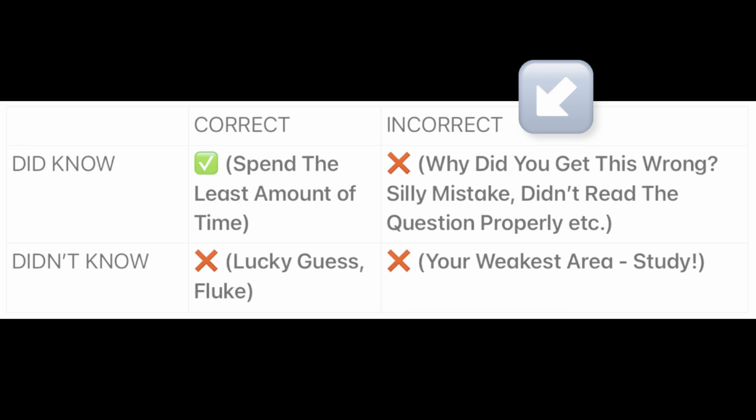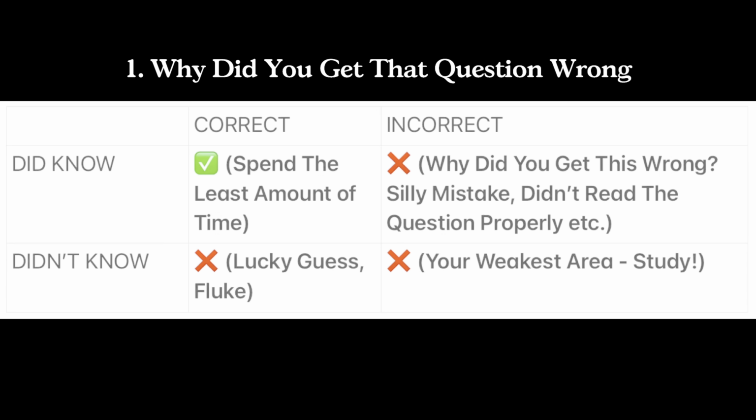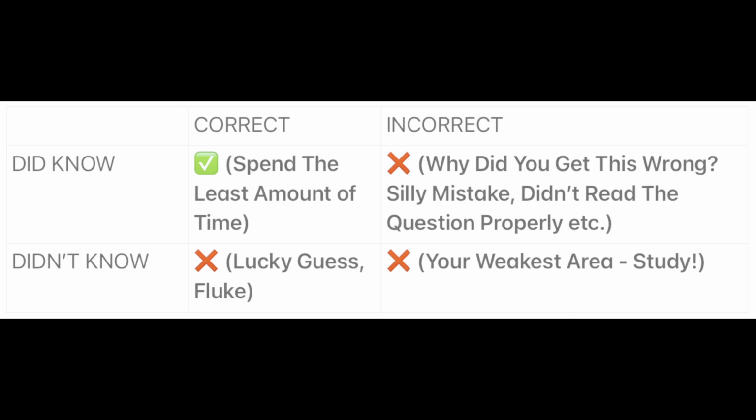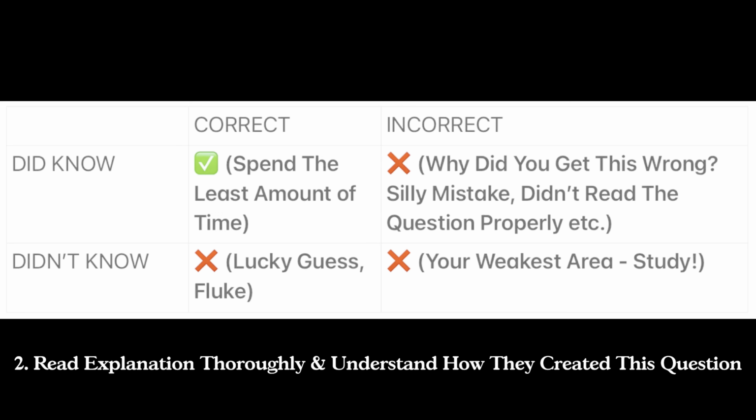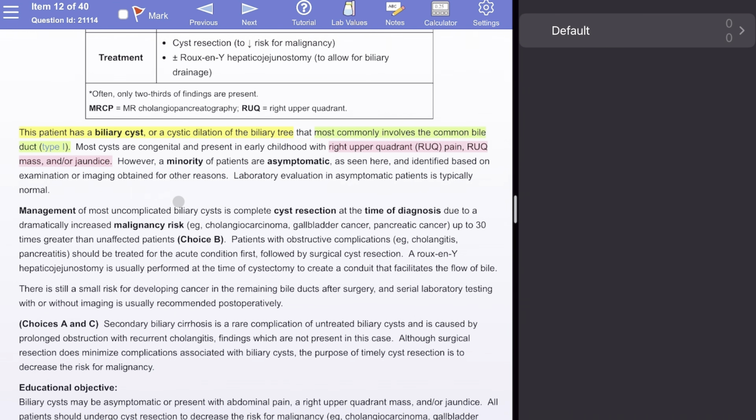In this case, you're going to first identify why you got that question wrong and what you could have done to prevent yourself from getting that question wrong. And then you're going to read through the whole topic and the explanation and try to understand or cover any gaps in knowledge or identify potential areas of weakness.